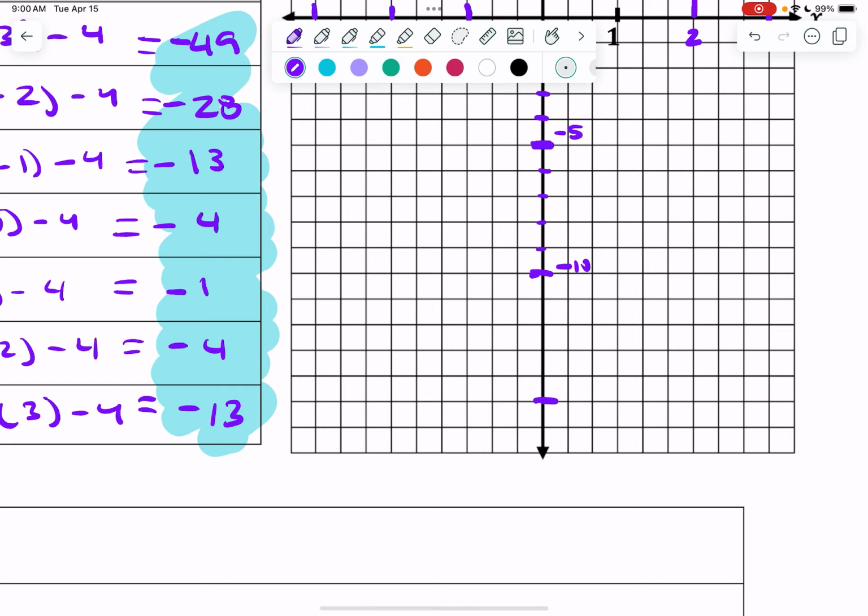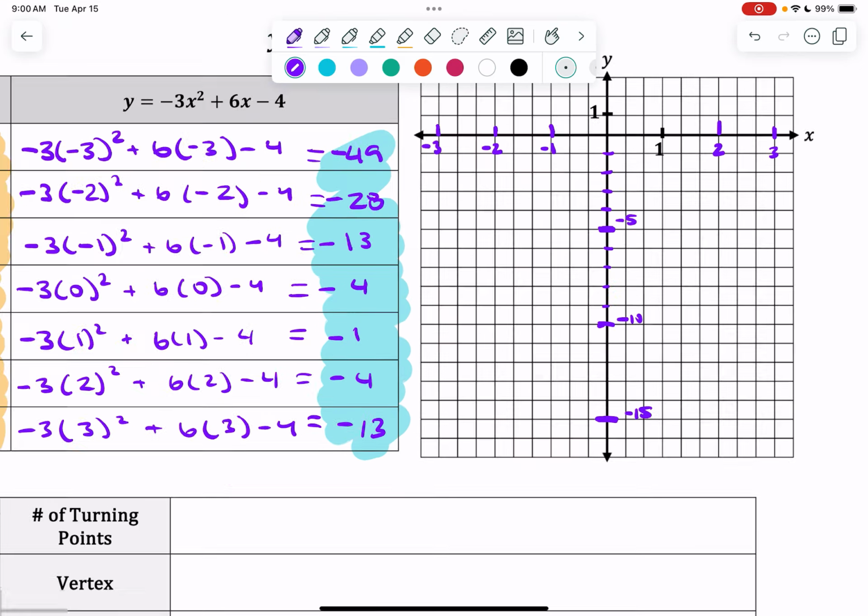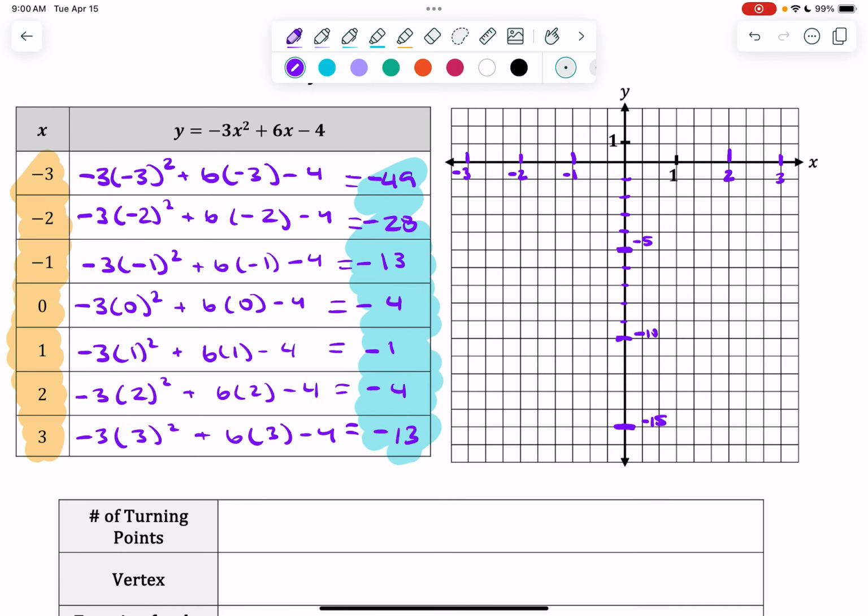Okay. You are welcome to label your axes with a scale as much or as little as you need, based on what makes the most sense to you. Okay? And I'm going to go ahead and plot these values. So I start off at -3, -49.